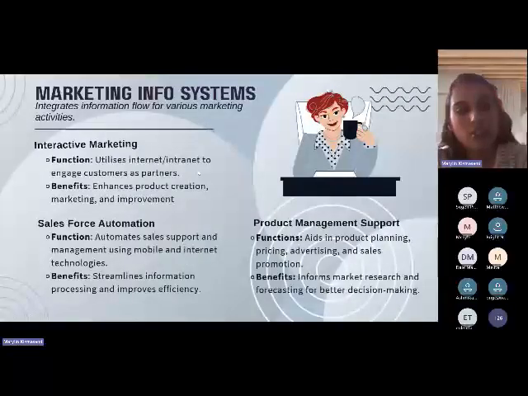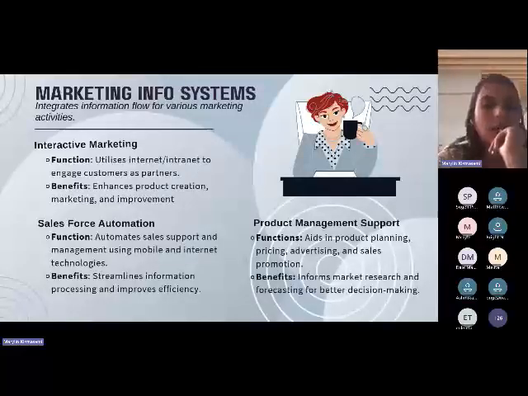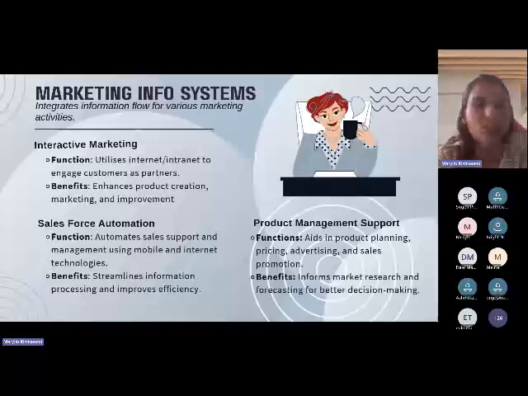If we go through it in more detail, we're going to go specifically into each system now. We're looking at marketing information systems. So what is a marketing information system, also known by the abbreviation MIS? A marketing information system is a tool that helps organize information, and helps to manage and analyze the workflow of information for various marketing activities.